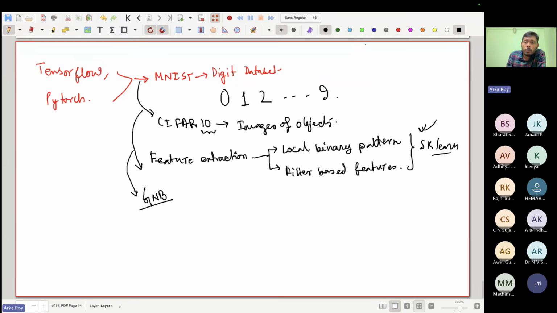So I thought of considering another example of ECG classification, where we'll be trying to classify the abnormal beats in the ECG signal.